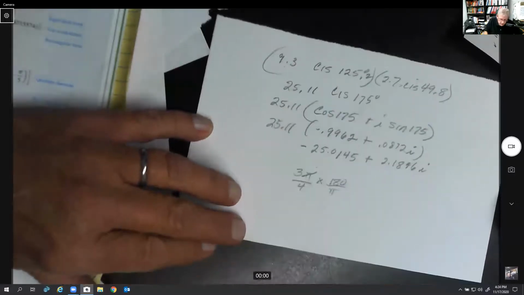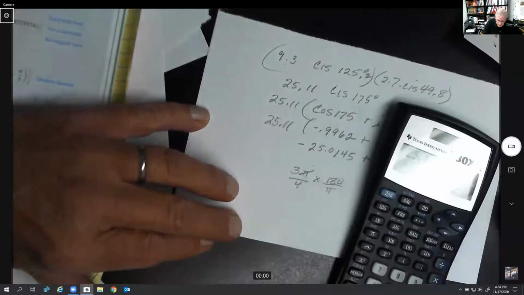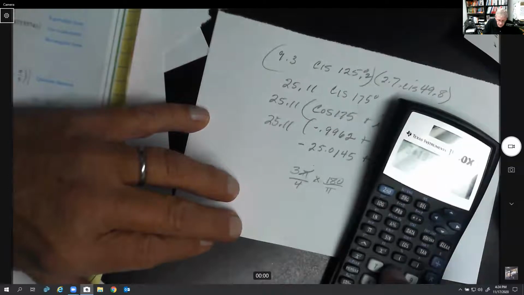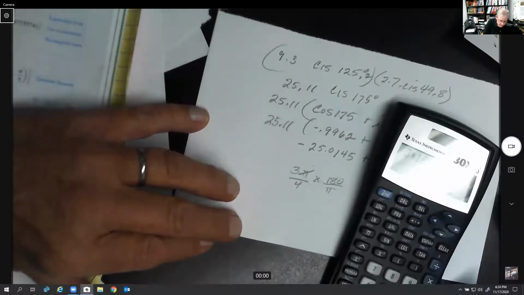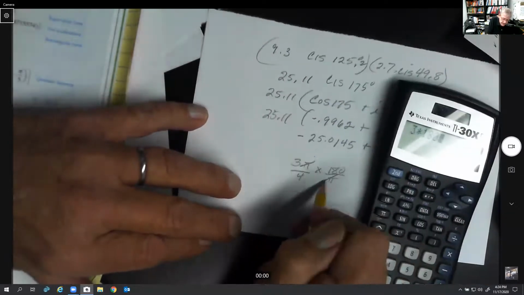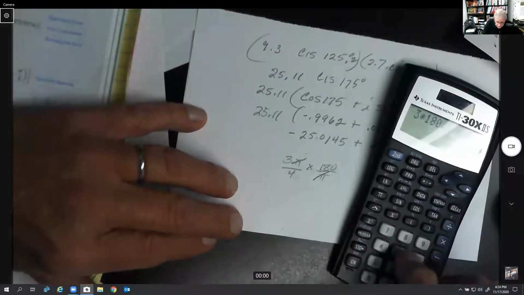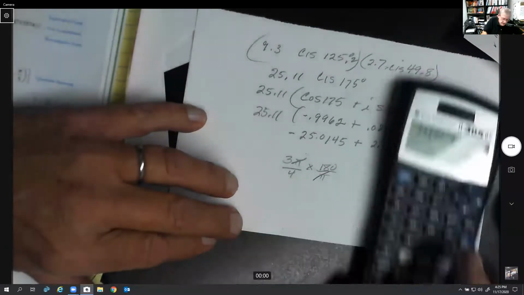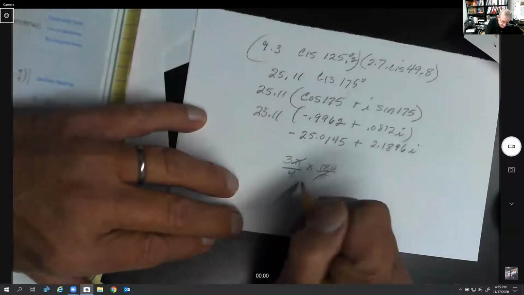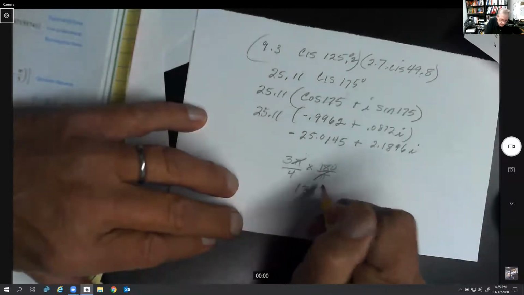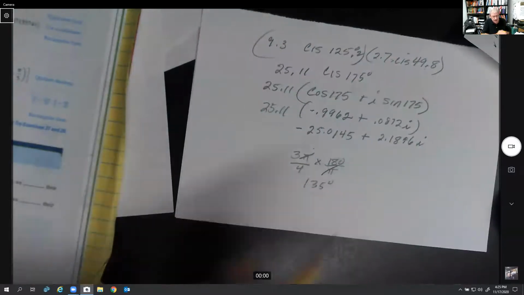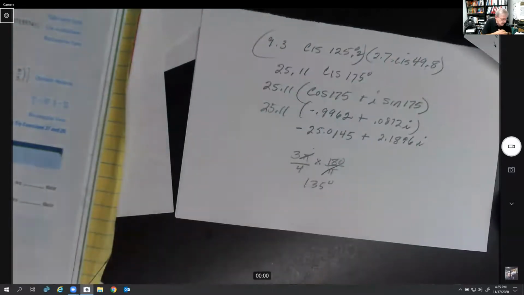So 3π/4 would be 3 times 180 divided by 4, the pi's cancel. So that's 135 degrees. It usually is easier to work in degrees than radians. You can convert those.